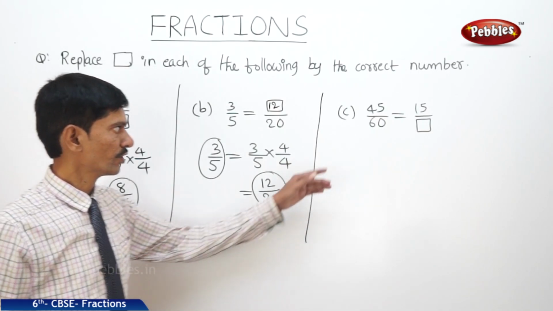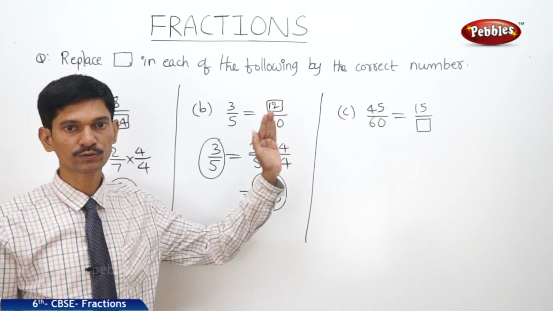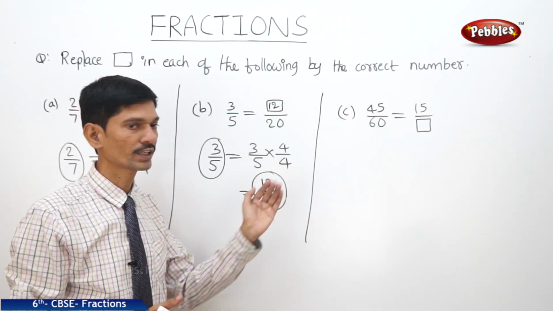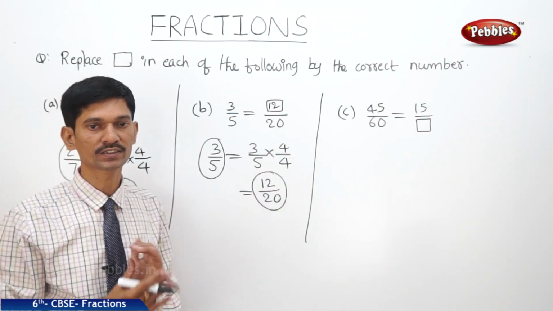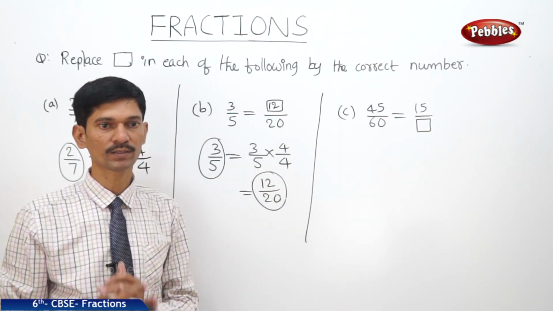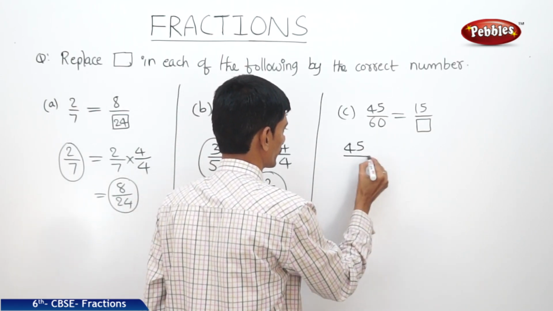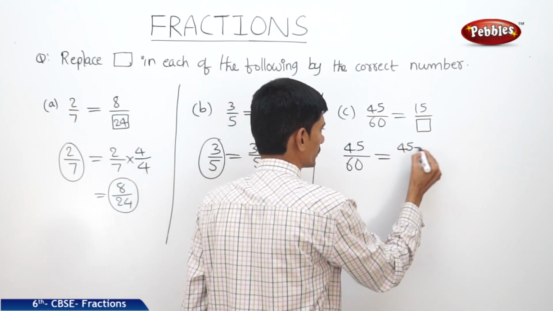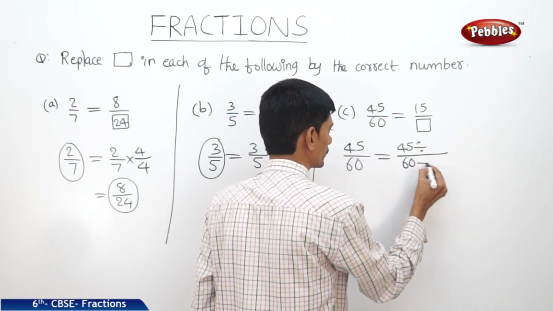Next, 45 by 60 equals 15 by dash. So here also the two fractions are equivalent. So how to get the equivalent fraction of a given fraction? Either we can multiply both numerator and denominator by the same number, or we can divide both numerator and denominator by the same number. Now 45 by 60 equals 45 divided by something and 60 divided by something.